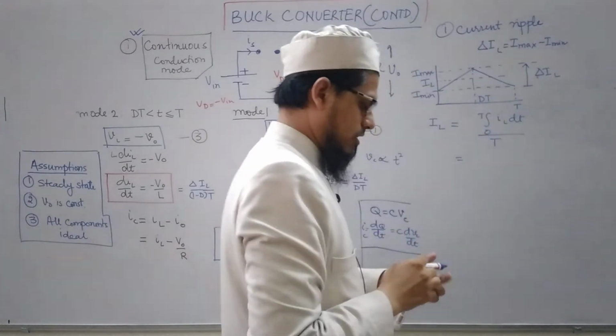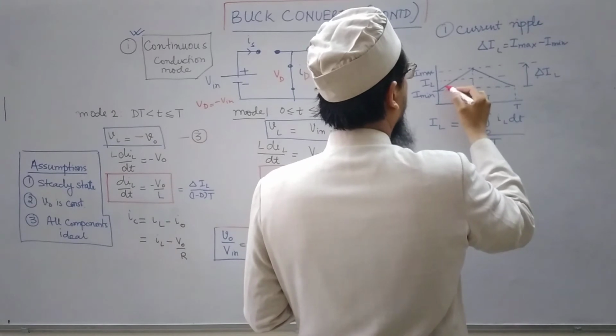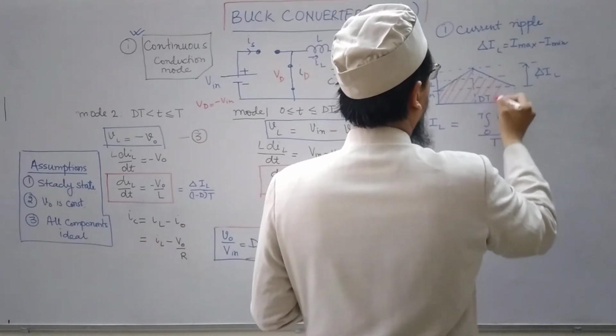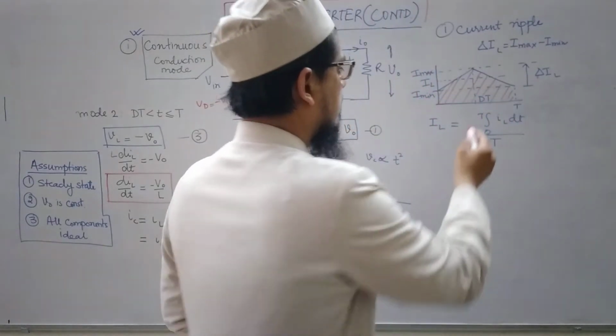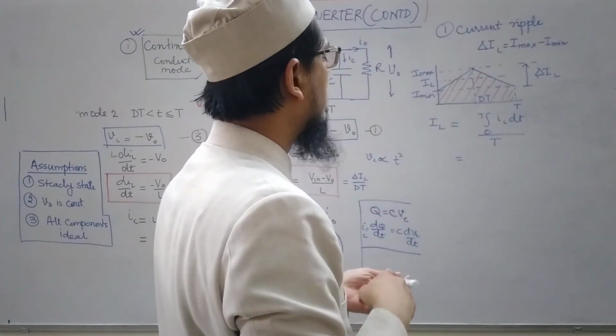Okay, so let me draw it. So average value of IL is basically this area, isn't it? Because this integration is this area. So we have to find out the area of this curve.